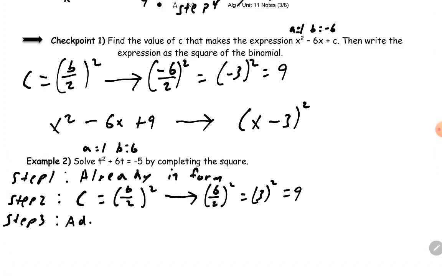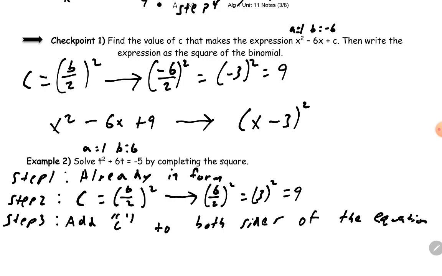So we're going to add our c value to both sides of the equation. So this is going to be t squared plus 6t plus my c value, which is 9, equals negative 5 plus my c value again. What you do to one side of the equation, you must do to the other. So if I add 9 to the left, I must add 9 to the right.